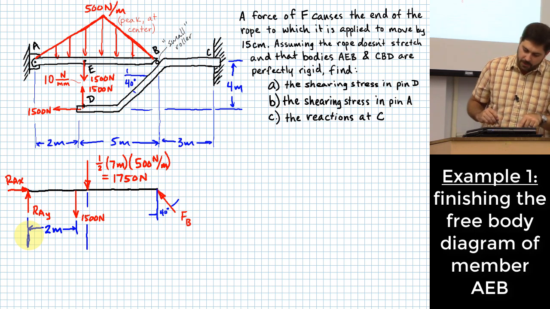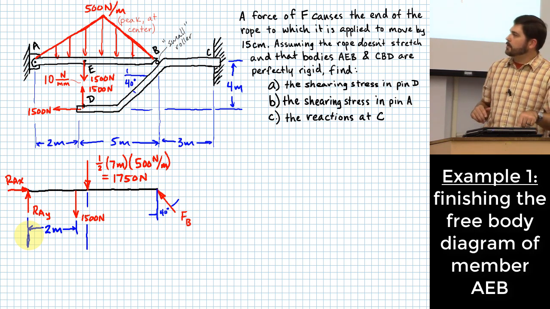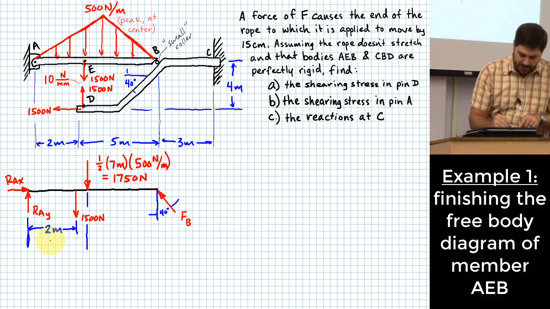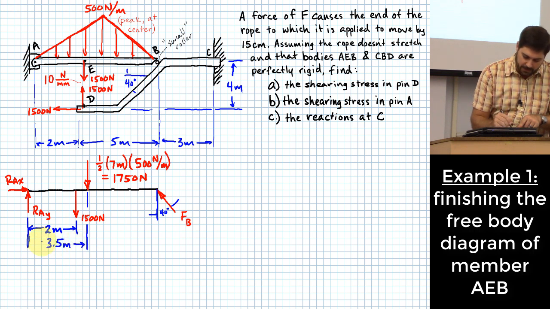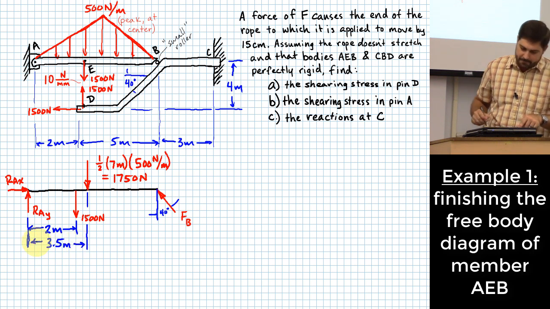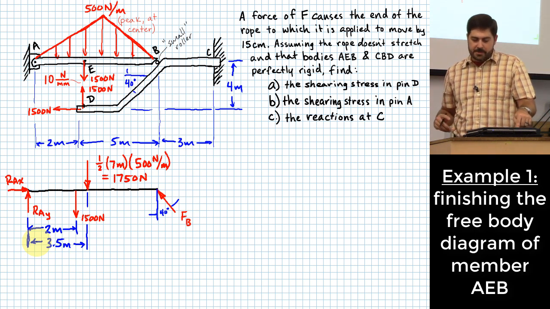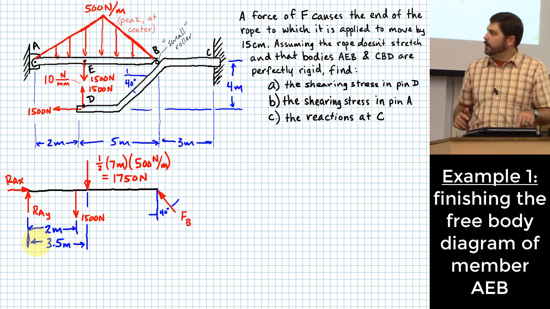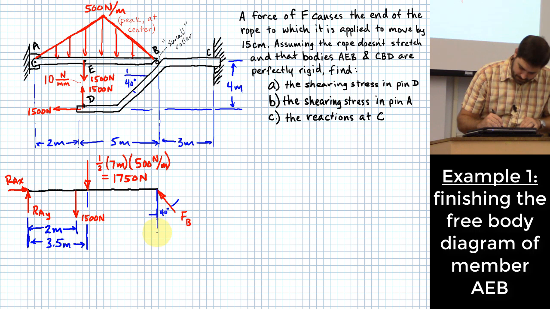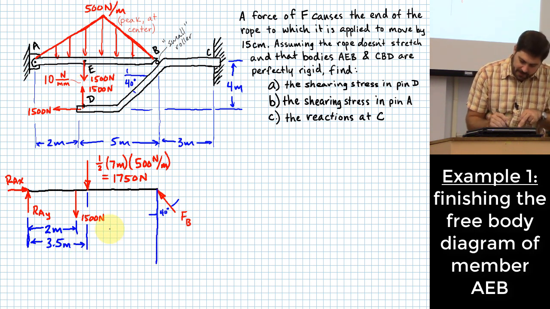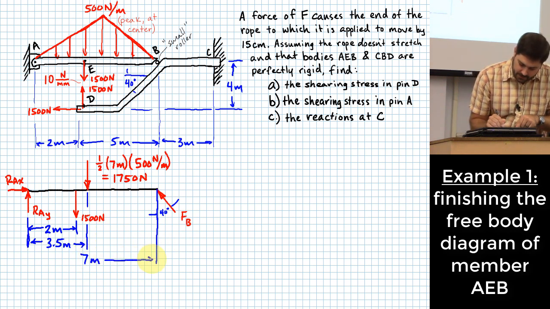How far is it from point A to where this concentrated load is being applied? 3.5 meters, I heard someone say, because it's going to be half of the overall length from A to B, which is 7 meters. And what else? I can either put 5 meters past the 2, or I could just put 7 meters directly right here.